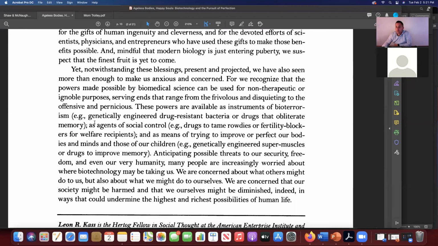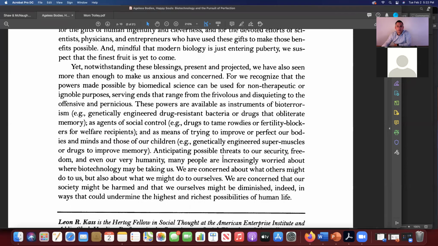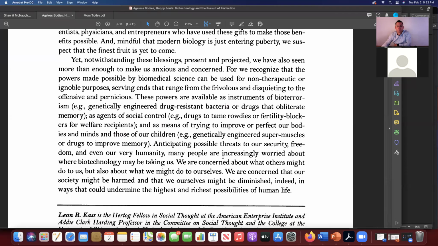Okay, so think about bioterrorism and how it was on the rise and perhaps continues to be. As agents of social control, and sometimes the bioterrorism occurs as states inflict them on their citizens in various parts of the world. Again, as agents of social control, for example, drugs to tame rowdies or fertility blockers for welfare recipients, and as a means of trying to improve or perfect our bodies and minds and those of our children. For example, genetically engineered super muscles or drugs to improve memory.